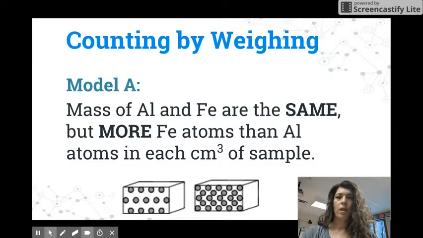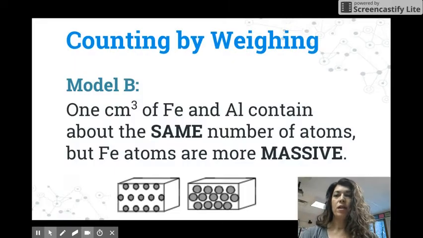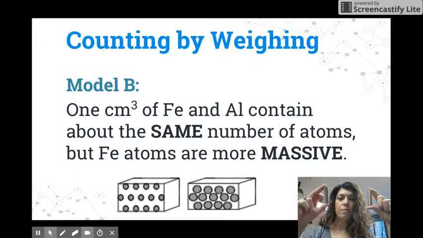Now, model B. Here's the other possibility. What we could say here is that for 1 cubic centimeter of iron, which this is a lot larger than, 1 cubic centimeter is 1 centimeter by 1 centimeter by 1 centimeter in size. So you're going to have to imagine that. And then we had the same size of this aluminum sample.